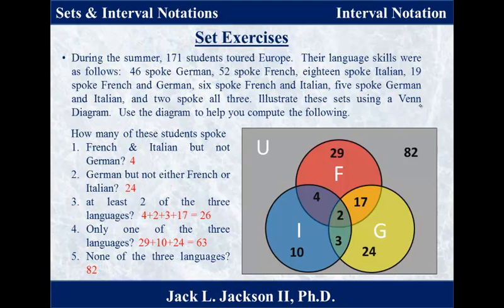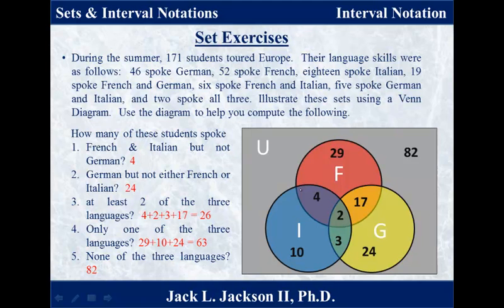Now, next, let's see what we have here. 19 spoke French and German. So that's going to be this part right here is 19, but we already have 2 of them accounted for. So that leaves 17 more that spoke French and German, but not Italian. Okay, similarly, 6 spoke French and Italian.